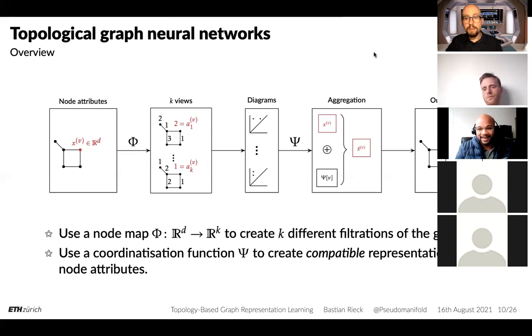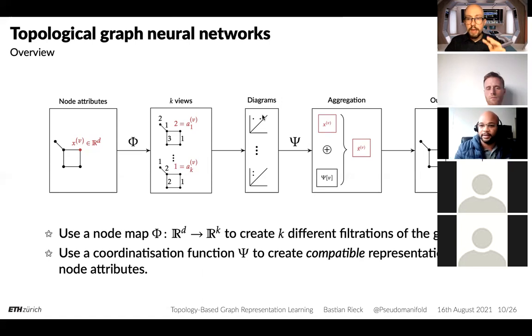Yes. I was wondering how do you homogenize the different features in your diagrams to combine them in the aggregation step? This is a good question.